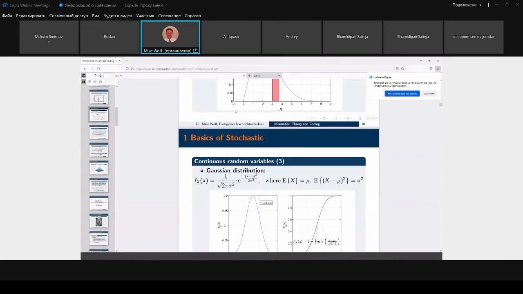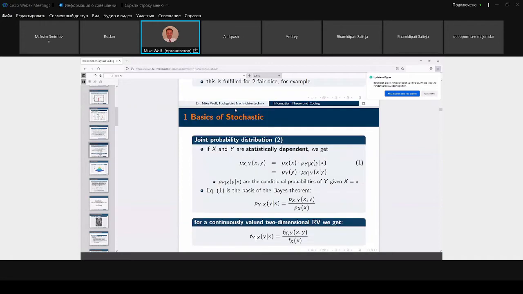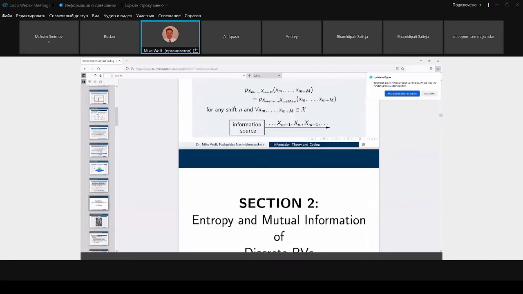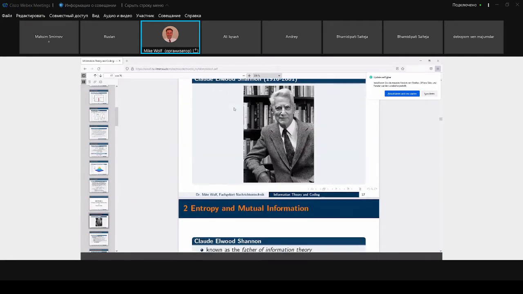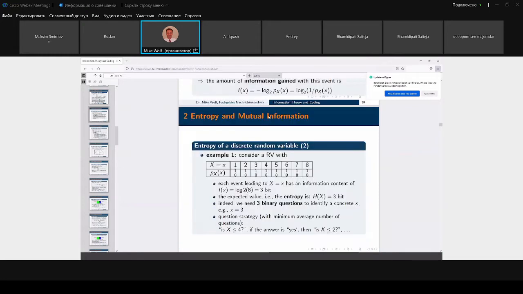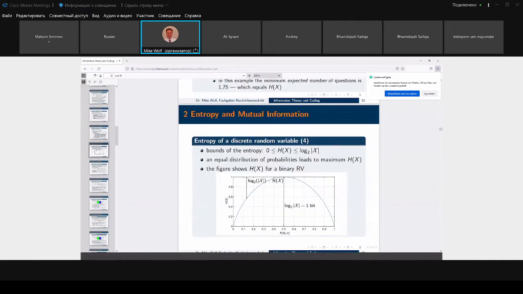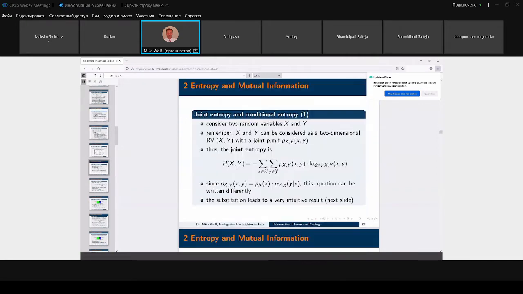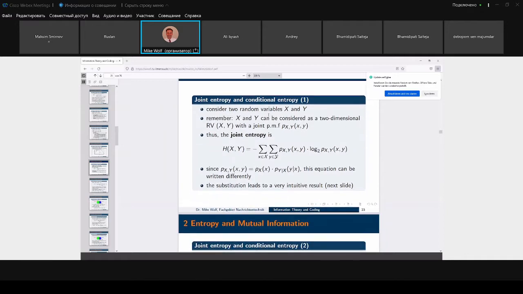We introduced the entropy, let's say, as an expected value of the information content of a random variable. And until now, we only talk about discrete random variables. And then we even introduced the joint entropy in the last lecture and even in the seminar.